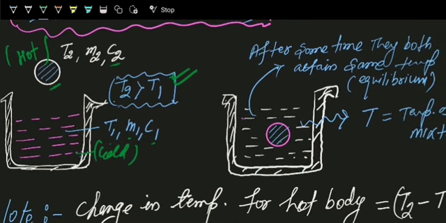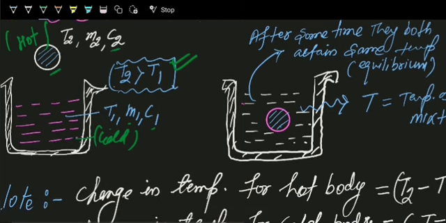Now when I drop this metal ball inside this liquid, what will happen? The body which is at high temperature is going to lose heat, and the liquid which is at lower temperature is going to gain heat. This transfer of heat will take place up to the equilibrium point. Equilibrium point means when both the metal ball and the liquid attain the same temperature.